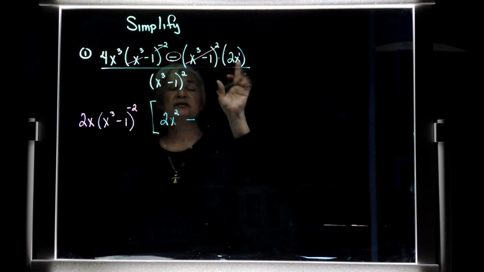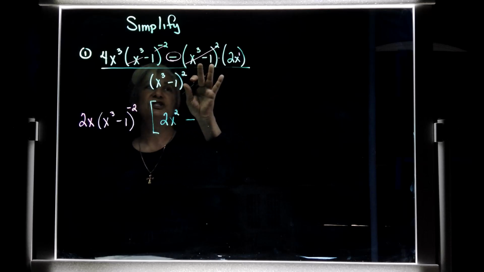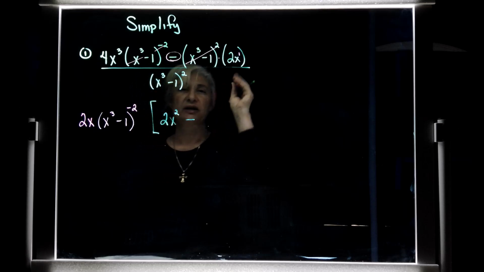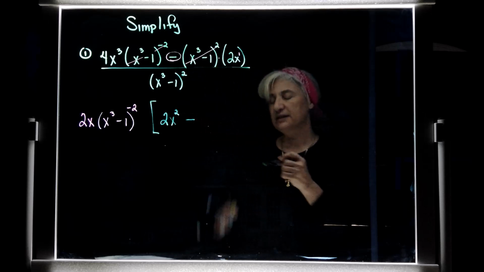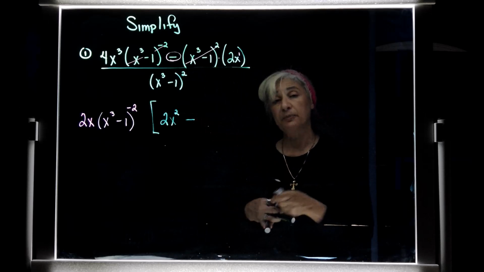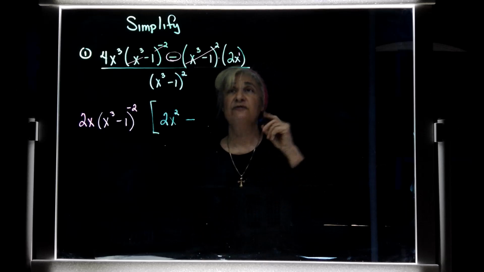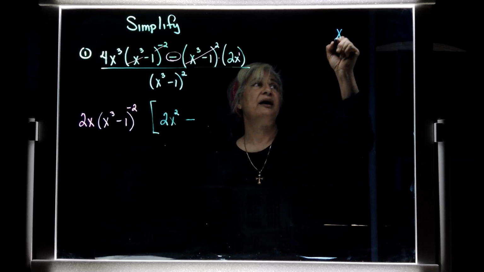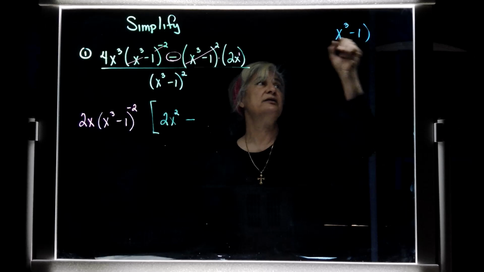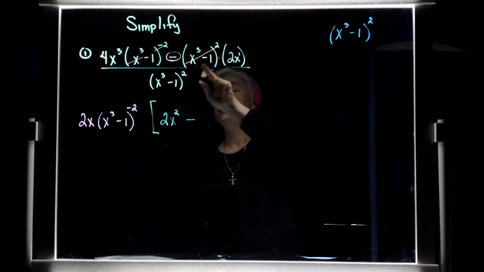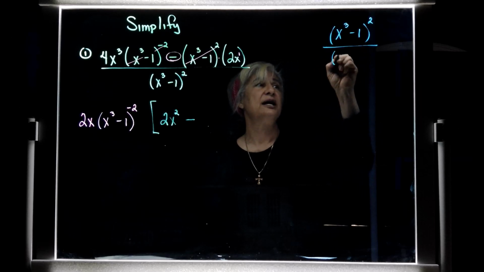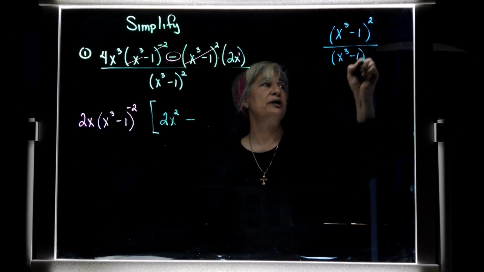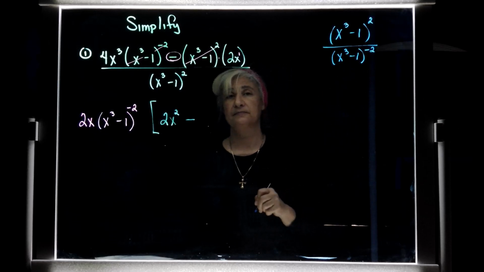So we took out the 2x, that's not there, right? So now the question is, wait, I'm taking x to the third minus 1, quantity squared, and I'm taking out negative 2 of them? Let me sidetrack you. Remember, when you factor, that's a division process. So you have x to the third minus 1 to the power of 2, and you're factoring out this parenthesis, which means you're dividing out x to the third minus 1 to the negative 2 power.